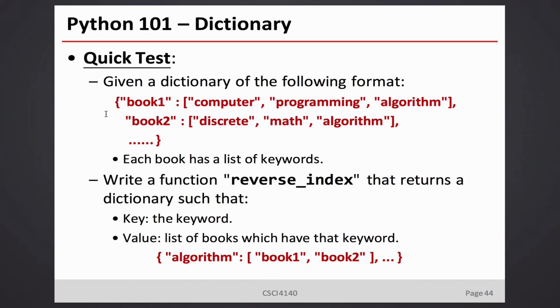How would you do it? We call it an inverted index. It's very basic stuff in search engine design. So I call it reversing the index. How will you do it?